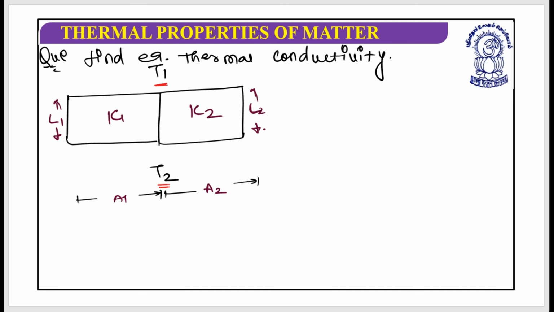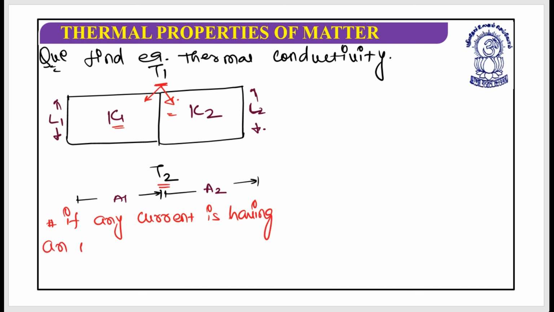Why? Because when heat current starts flowing through this, it has an option that it could travel either from this or from this. So if any current has options, then it is a parallel combination.